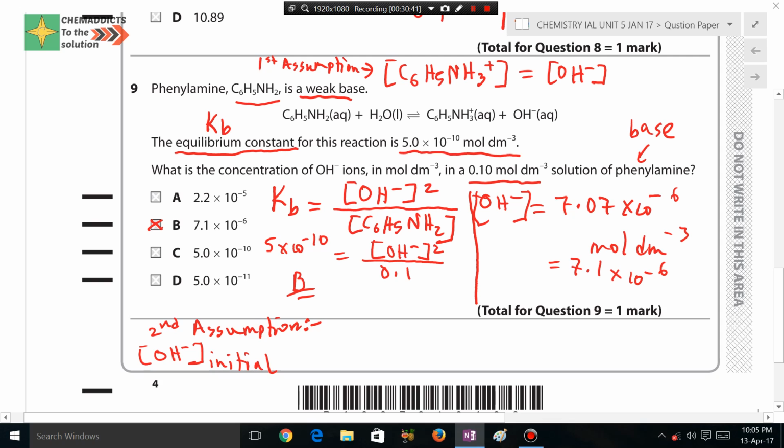The initial concentration of hydroxide ion is equivalent to the concentration of hydroxide ion in equilibrium. Why? That's because a weak base dissociates to a small extent. Since phenylamine is a weak base, and a weak base dissociates to a small extent, that's the assumption that we have got.